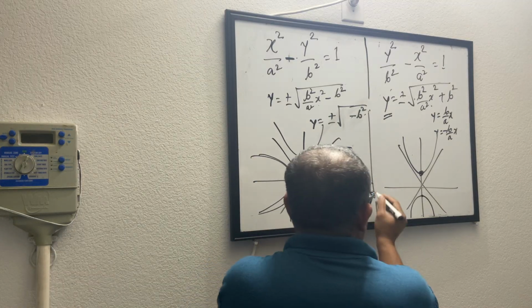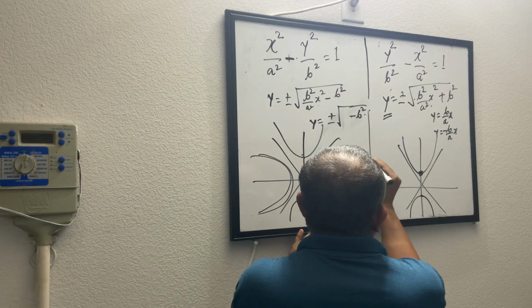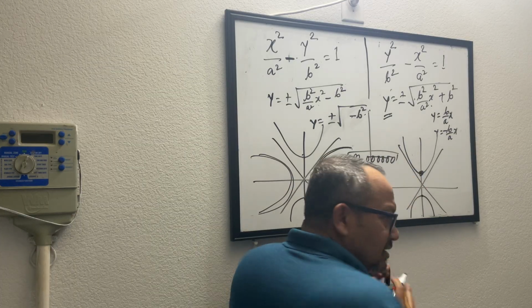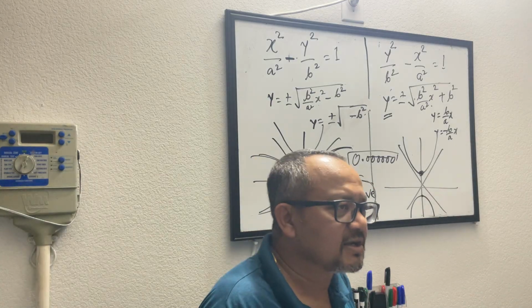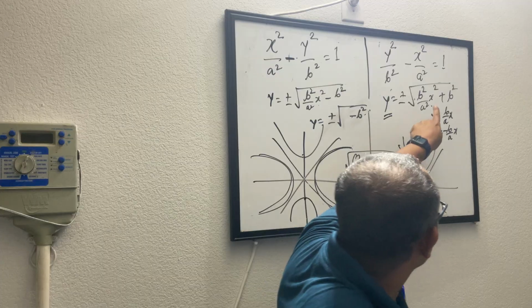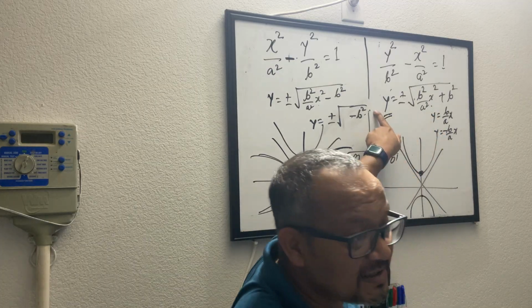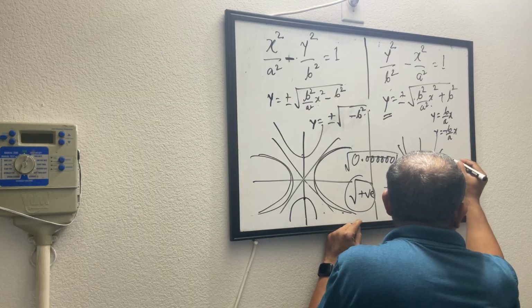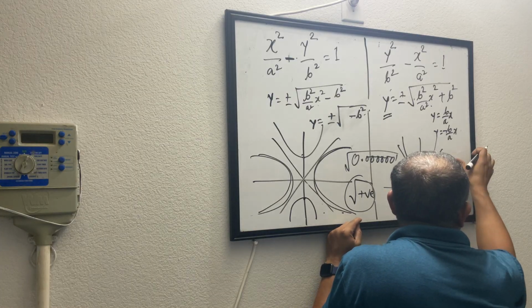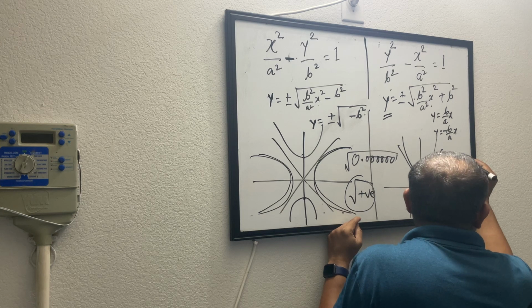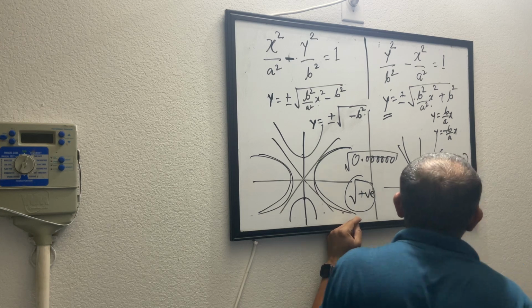Even if this whole thing comes out to be 0.00000001, the square root of that is also a realistically possible number. It's a real number. So for x equal to 0, y has a real value. So I can have a coordinate on the hyperbola when x value is 0 and y has some real value.